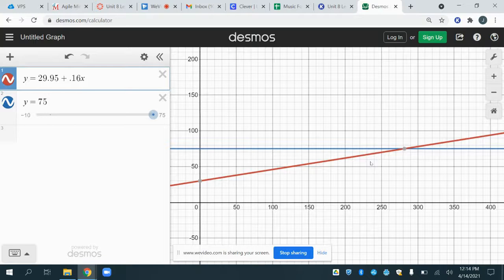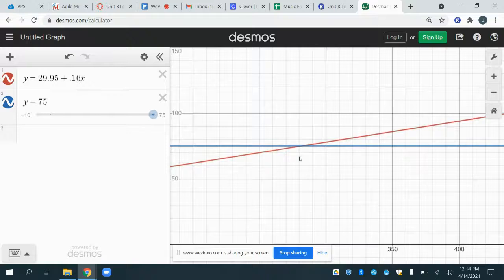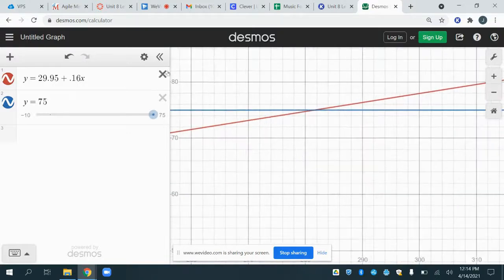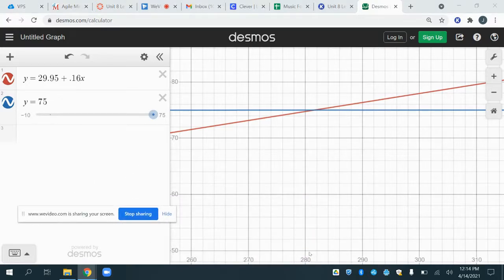But in Desmos, a cool trick you can do is if I see two lines and I want to figure out where they cross, I can zoom in. First of all, that helps. Notice $80, $70. This is 75, and we're at about 280 or 290, somewhere around there. 280, 282, 284, 6, 8, 10. So this is somewhere between 280 and 282.